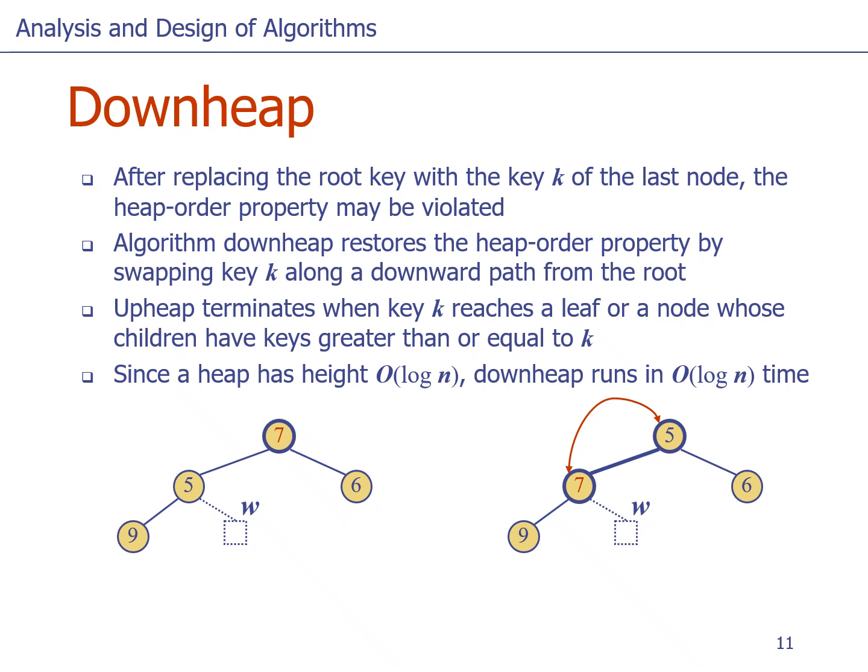So I will compare the 7 and the 5. I will put the 5 up and exchange its location with the 7, which means down heaping, or pushing down the 7, and I keep doing that until I am done.